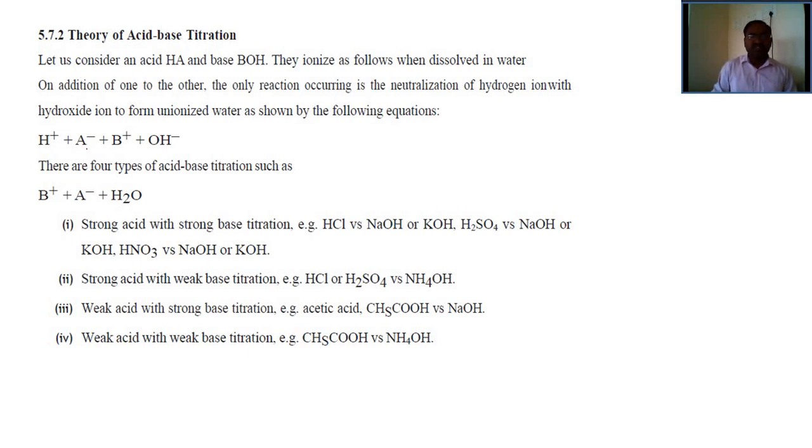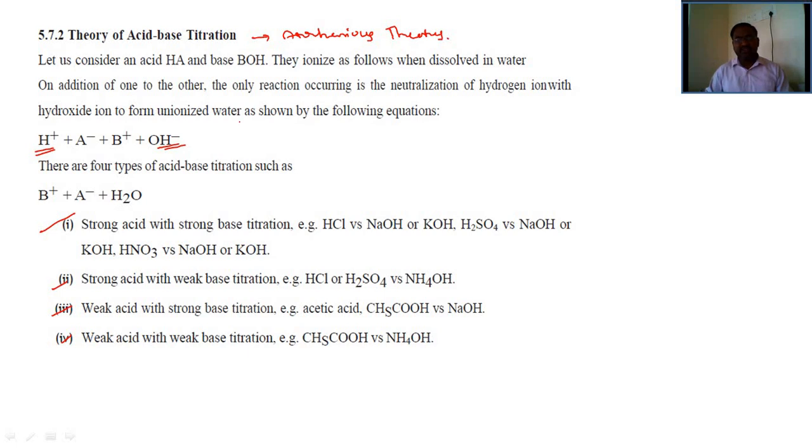Just consider the Arrhenius theory. From this Arrhenius theory, the substance which produces H plus is acid. The substance which produces OH minus is base. These are the following: strong acid, strong base, weak acid and weak base.